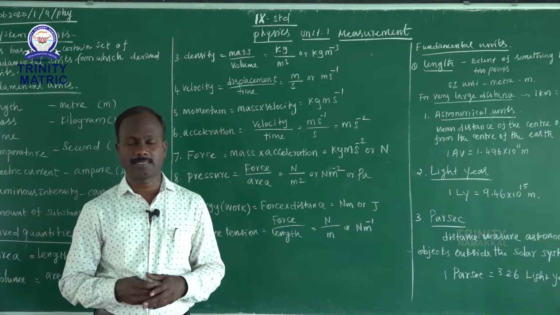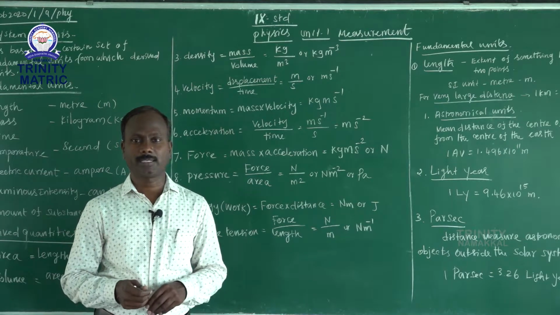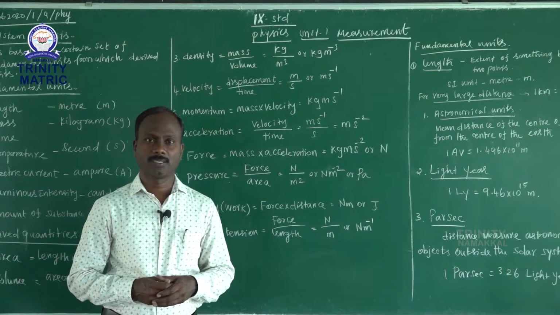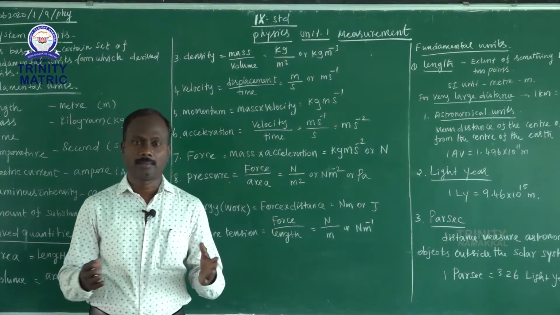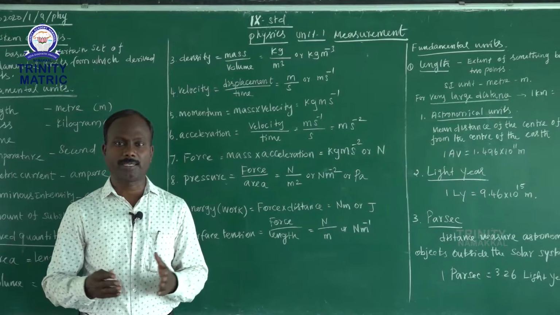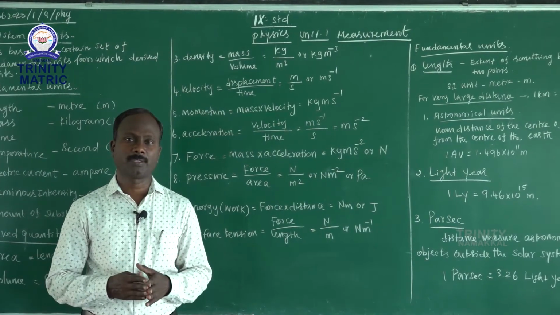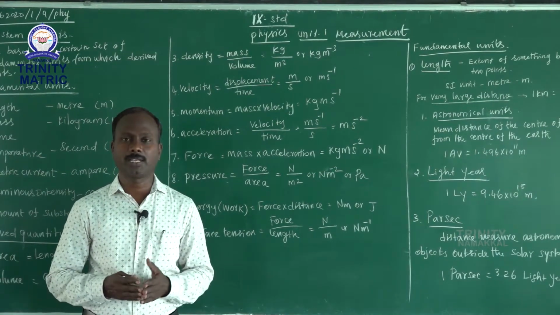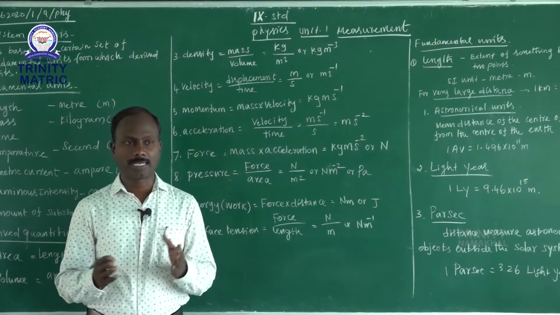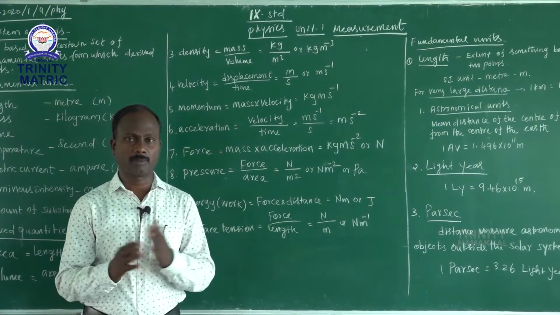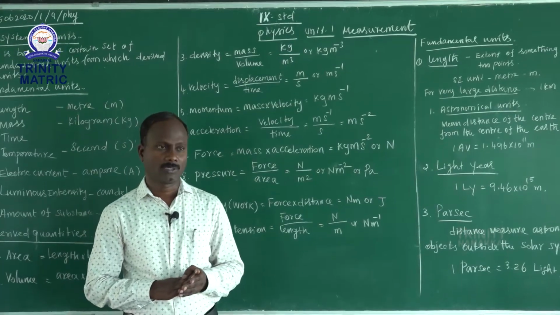MKS system is a metric system: meter, kilogram, second. So different countries having some different type of system. So it is very difficult to exchange scientific facts from one country to another country.